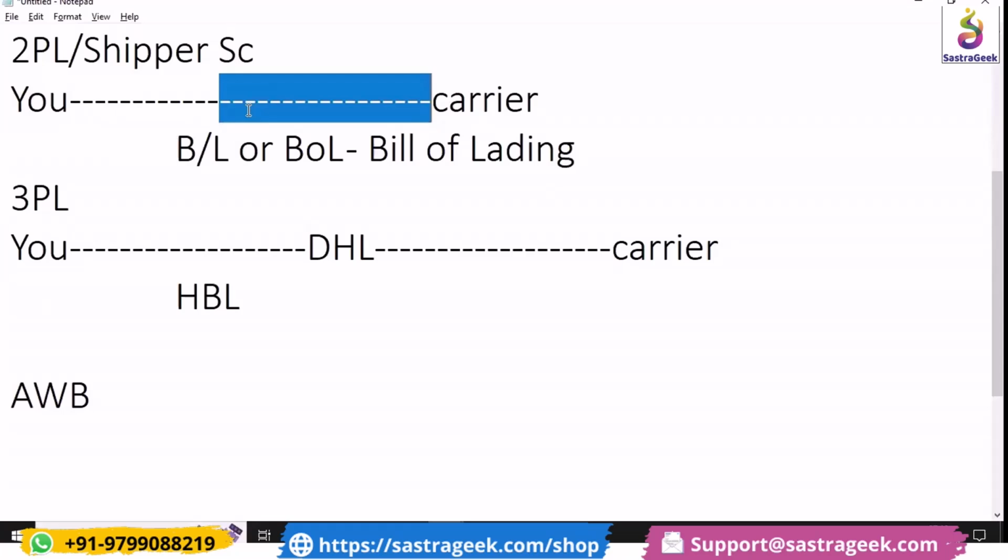HSN number, taxes, and everything is duly paid. It is a complete, clear document. That is what will be passed on to the carrier, and that carrier, truck driver or ship operator, can use it in case some checking or some illegal thing happens. Somebody stops you, you can showcase, okay, this is the document, this is approved, government cleared, whatever the authorities have cleared, and I'm going ahead with this document.